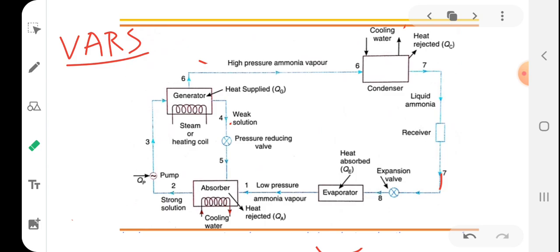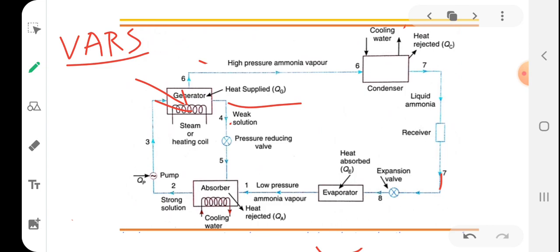The input here is nothing but heat supply. So some heat should be applied. We don't need to apply mechanical work as in the case of a compressor. We just need to input heat.